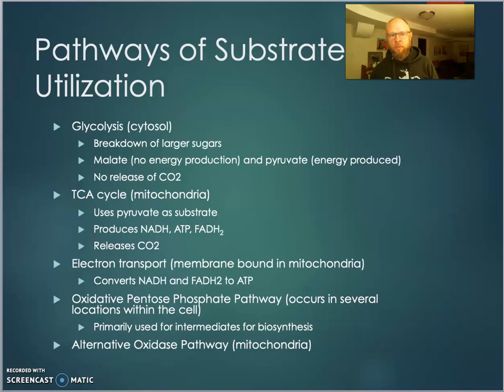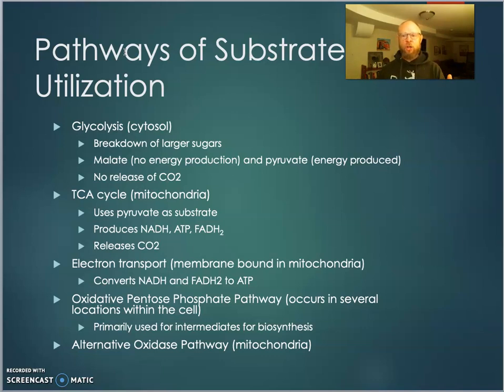Okay, so let's talk about a few of the important pathways in respiration. Again, this was in your book. I just want to hit on a few of the important components. The first step in respiration is glycolysis, which is breaking down large sugars into smaller sugars.